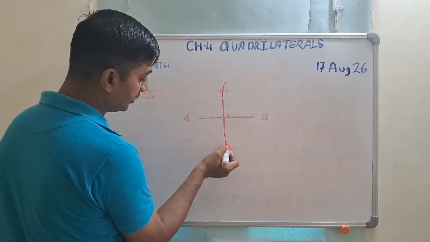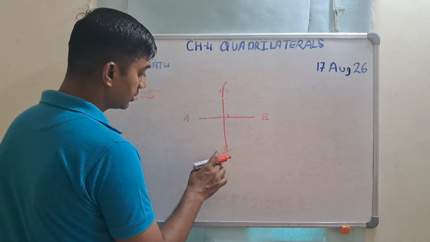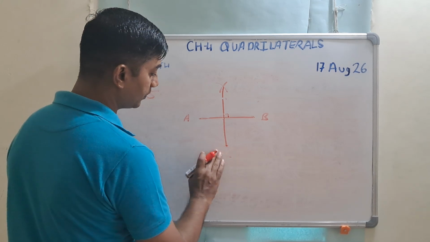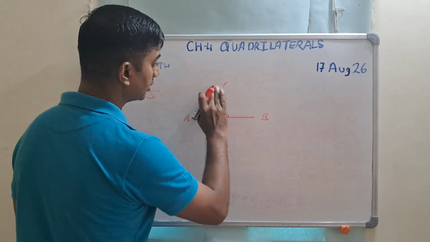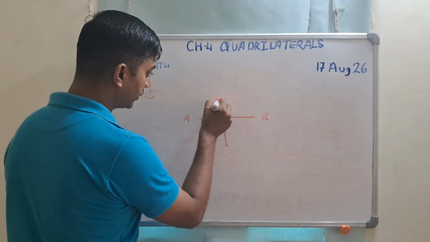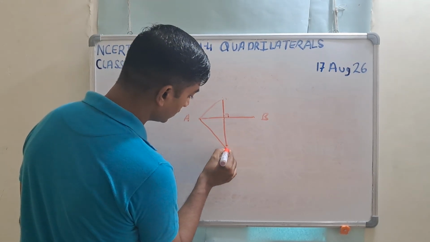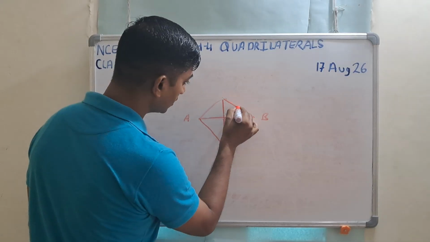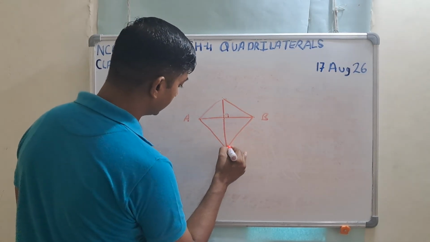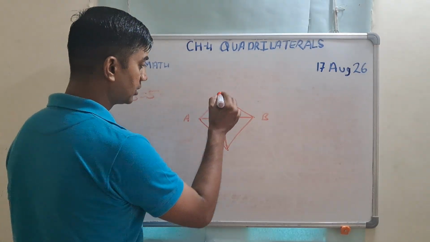Draw a 5 centimeter length up to here, understood, and erase the rest of the part, and with the help of your scale, join the endpoints.